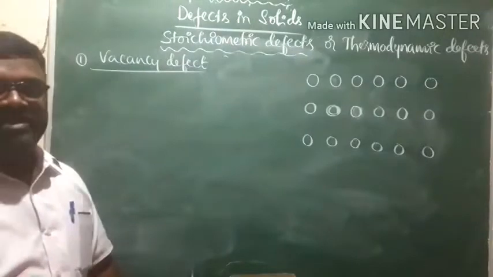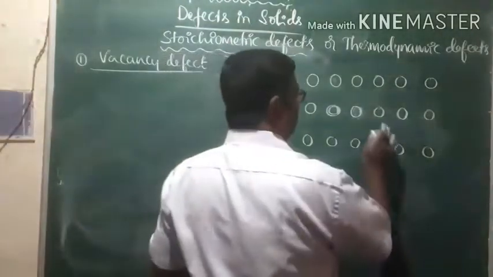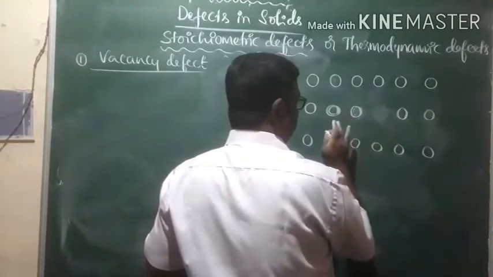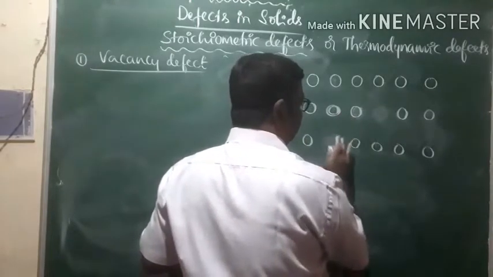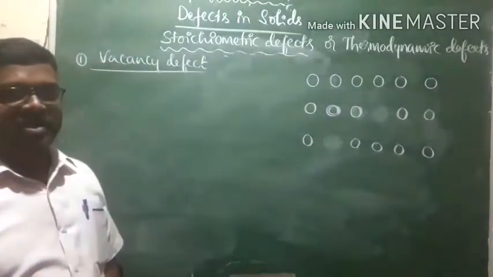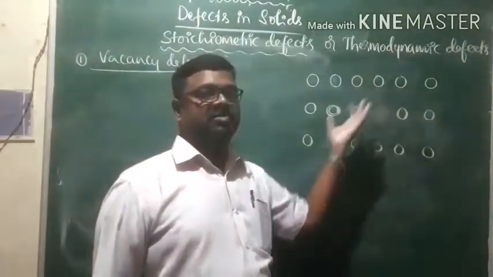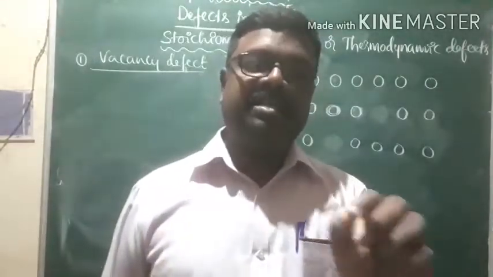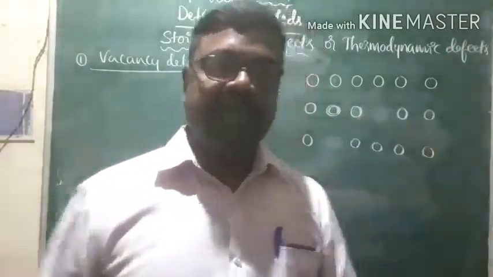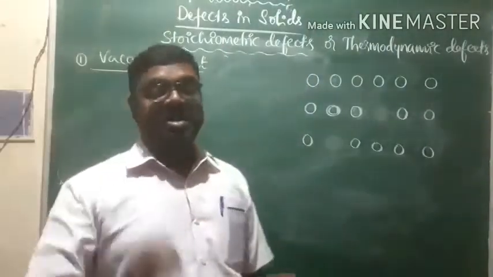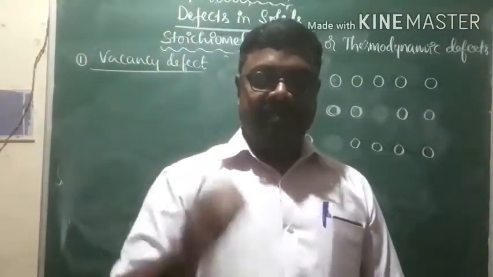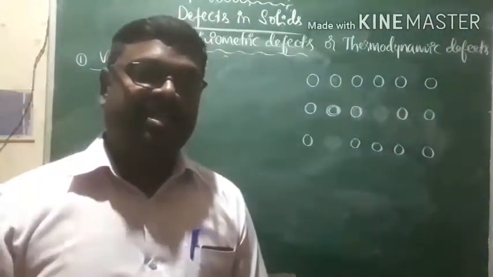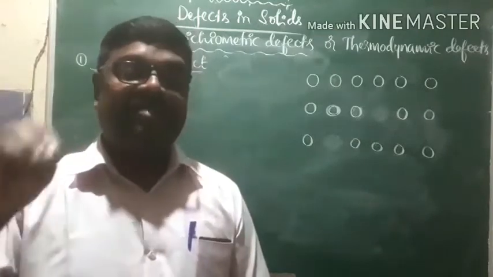By some reasons, if some of the particles, some of the atoms or molecules, are missing from their lattice sites, that results in what we call vacancy defect. Vacancy defect refers to the missing of particles from their actual lattice sites in a given crystal lattice.